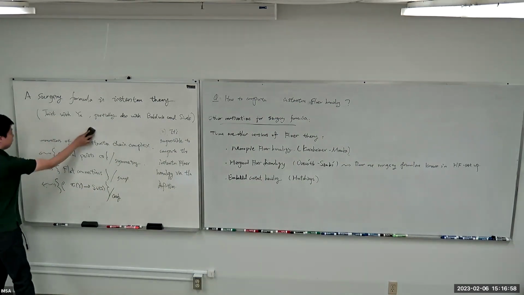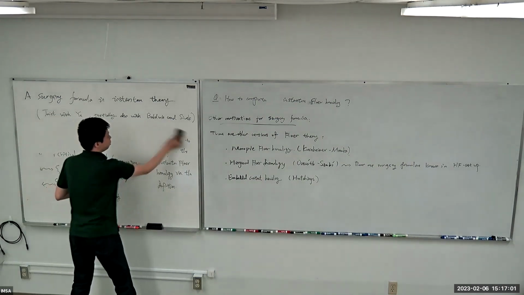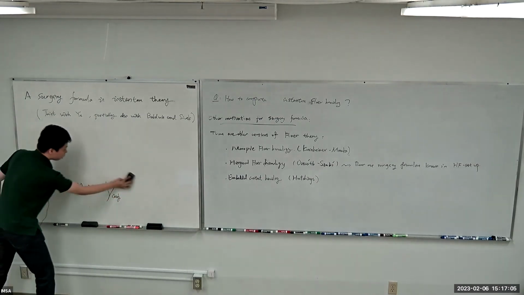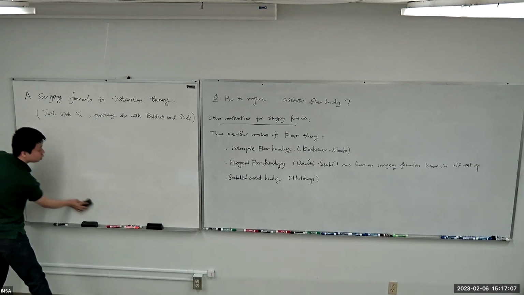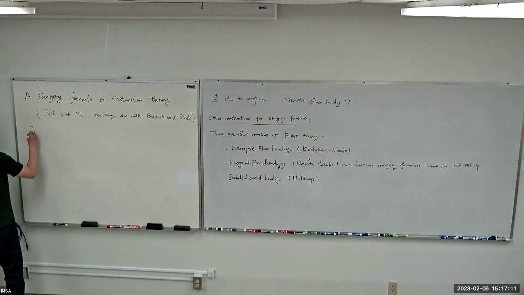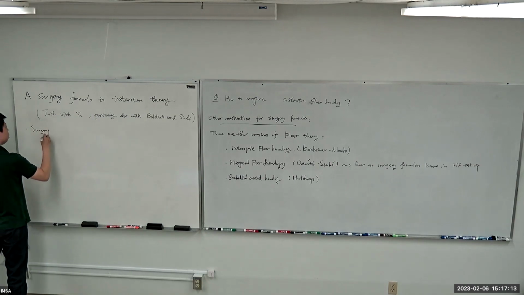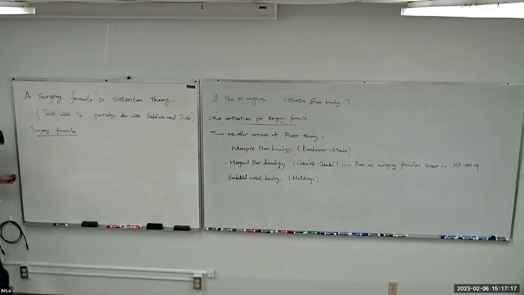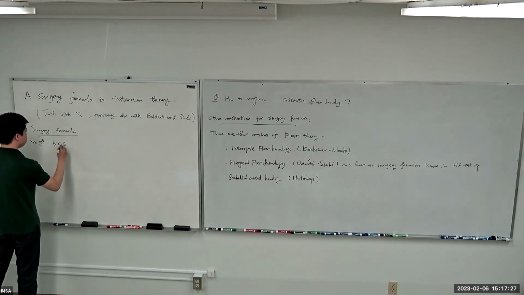So let me tell you what the surgery formula is about. Here's the surgery formula. For the moment, let me be specific to the case where we have S3 and a knot K inside S3.